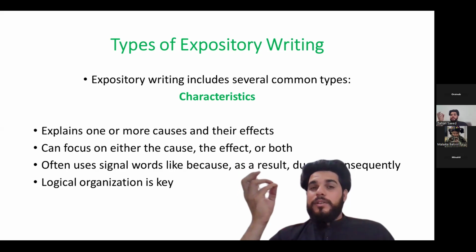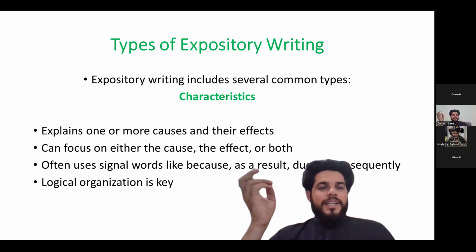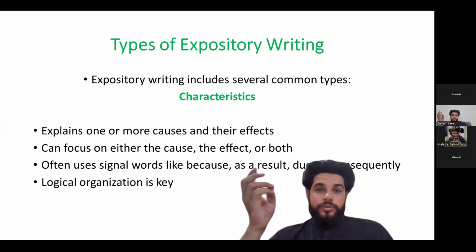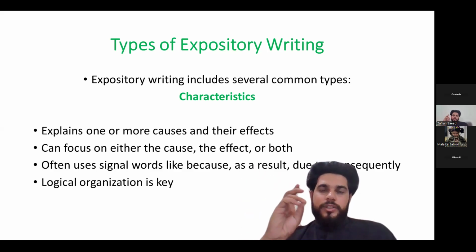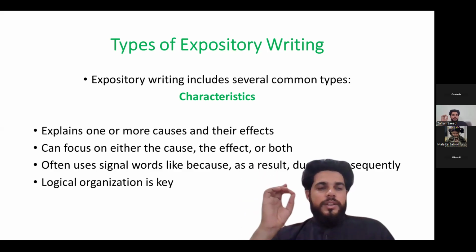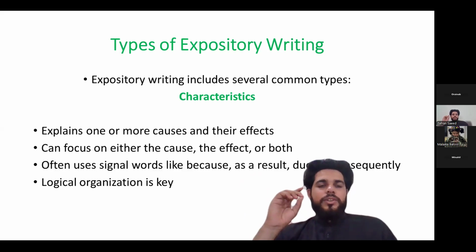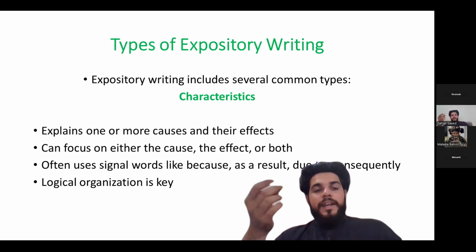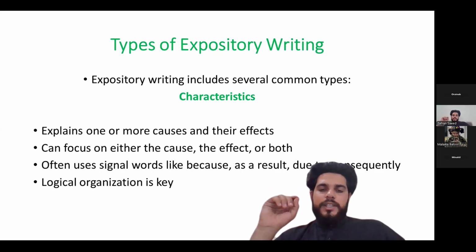So we will have a cause and then an effect as well. The second one can focus on either the cause, the effect, or both. The third characteristic is that it often uses signal words like because, as a result, due to, consequently. And the fourth one is that logical organization is the key.